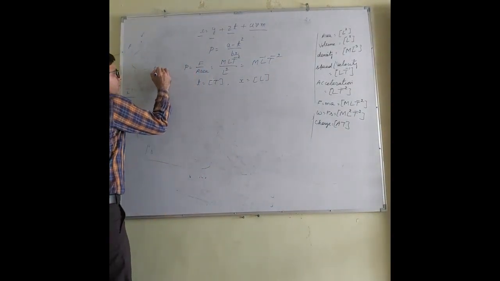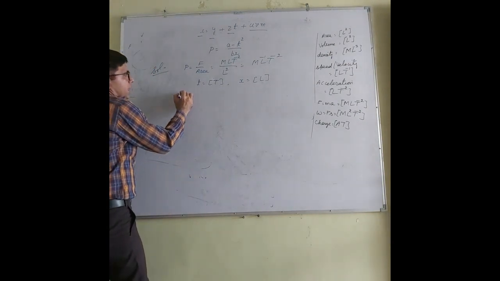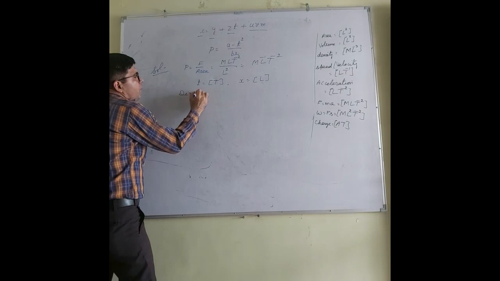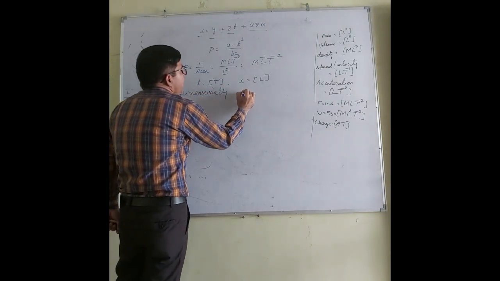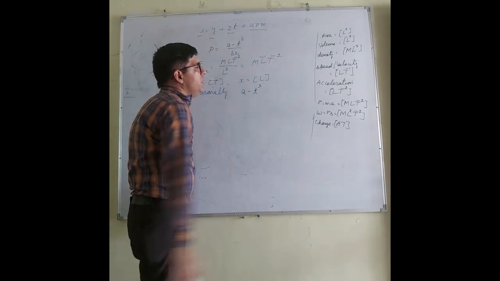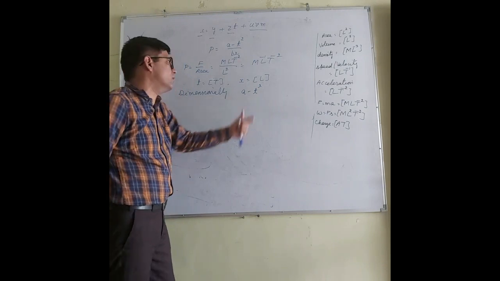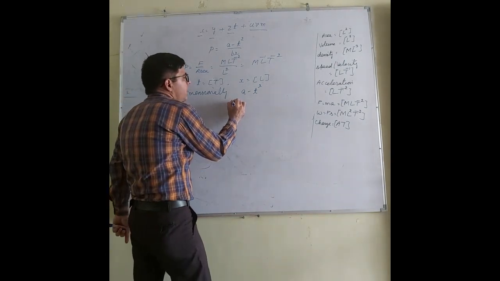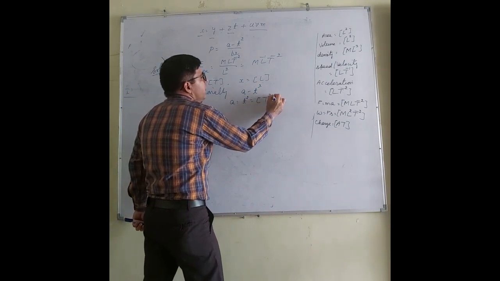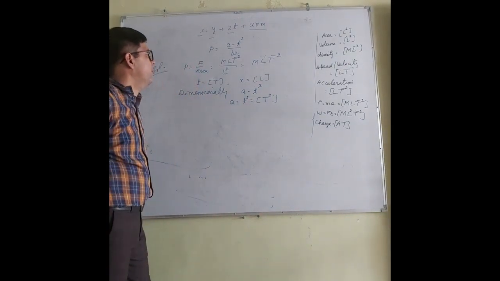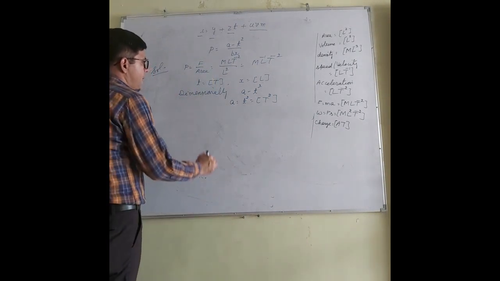Now how can we solve this? Dimensionally, we have A minus T square. What does it mean? It means A and T square have the same dimension formula. So the dimension formula of A is T square. What about the dimension formula of B?